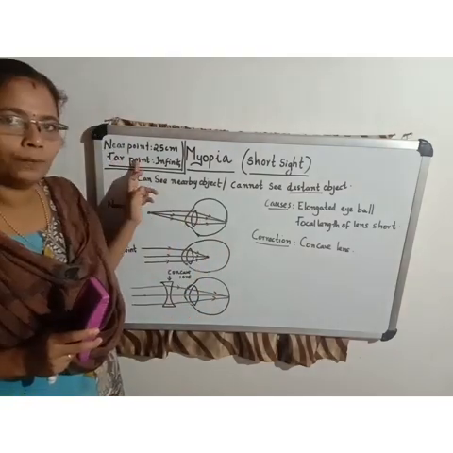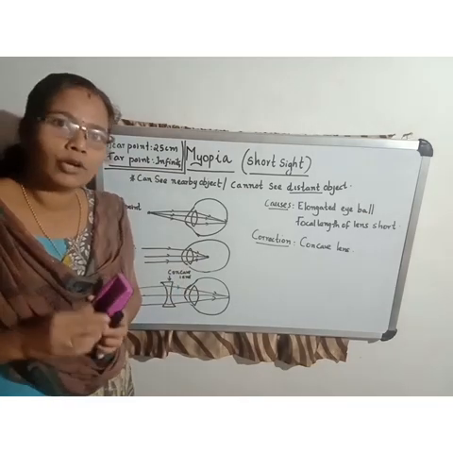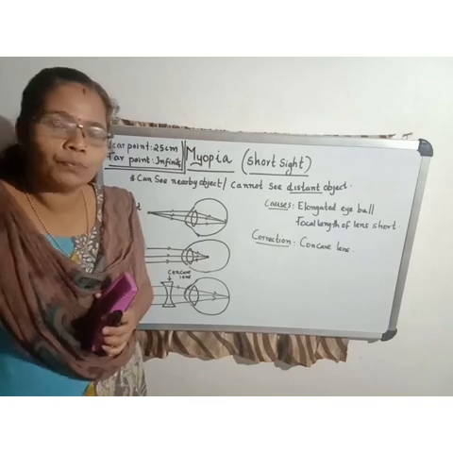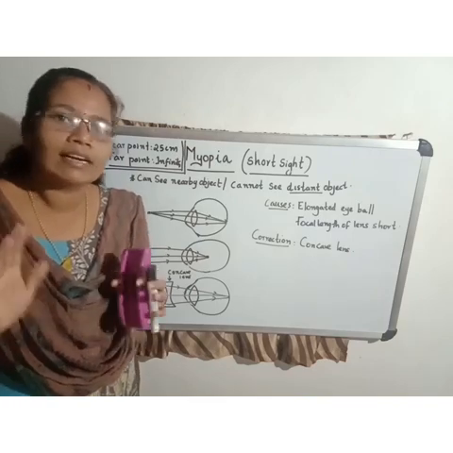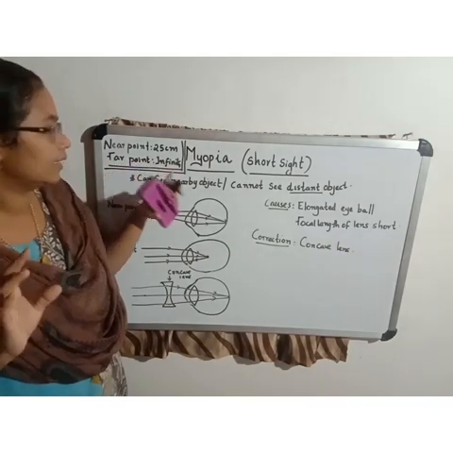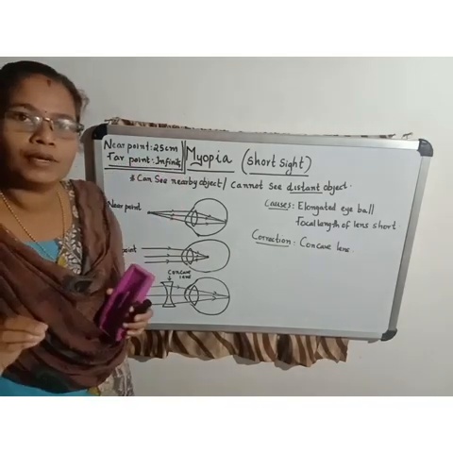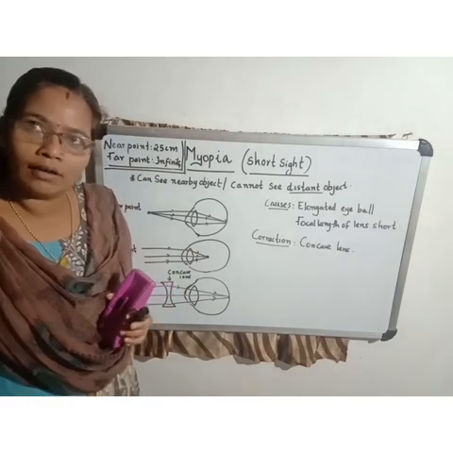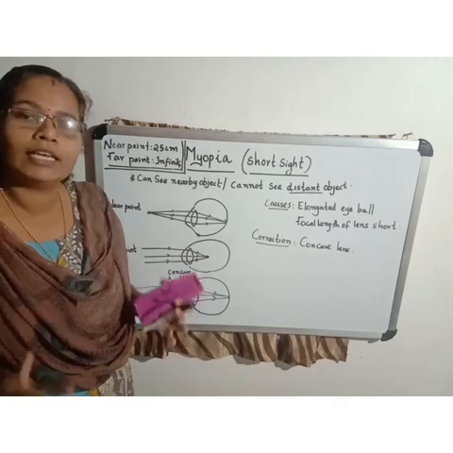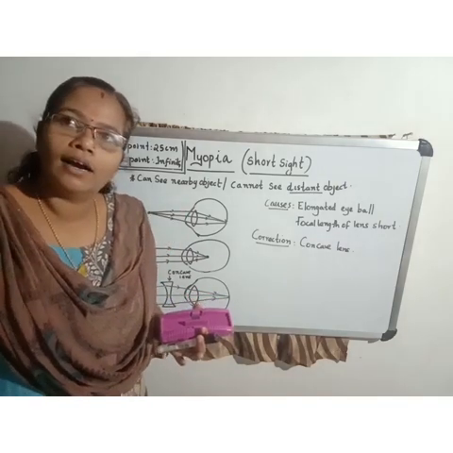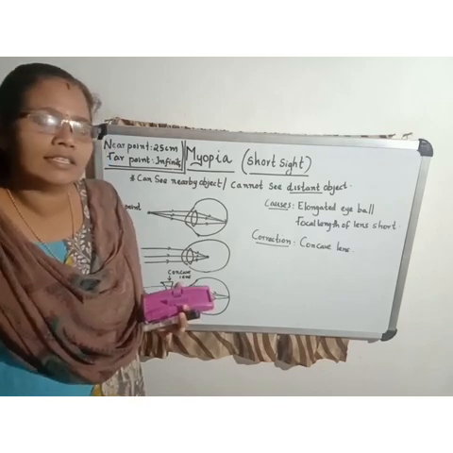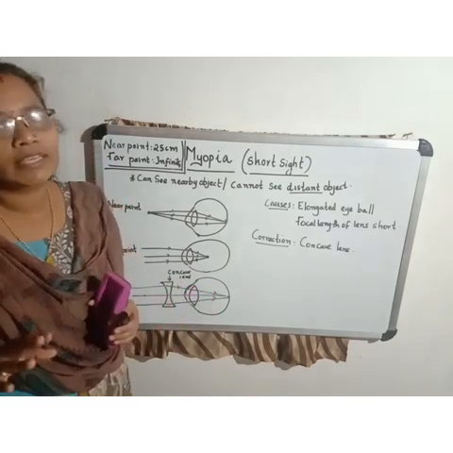Now what is the far point? For a normal eye, the far point is infinity, which means we can keep objects anywhere from a far away place up to infinity and still get clear vision.